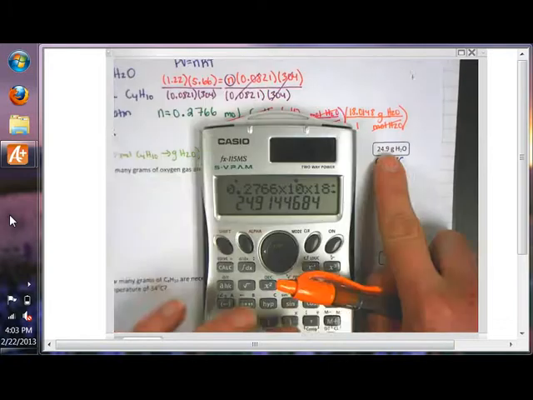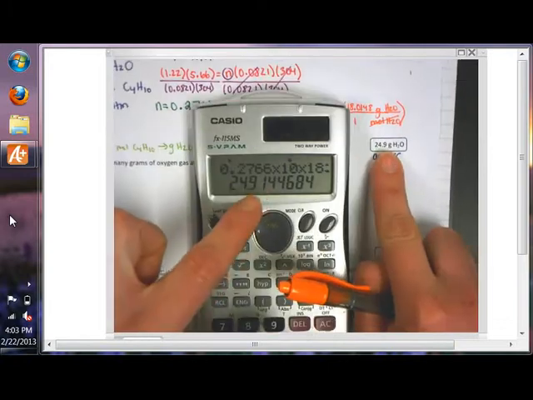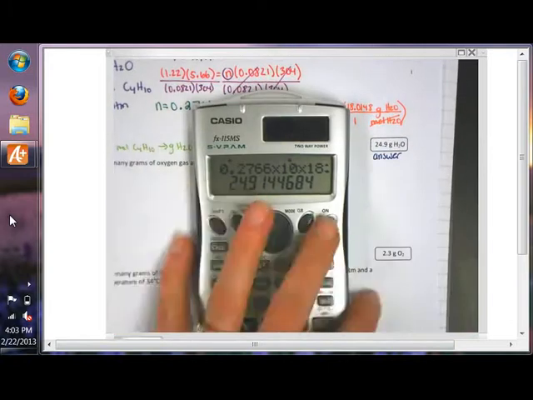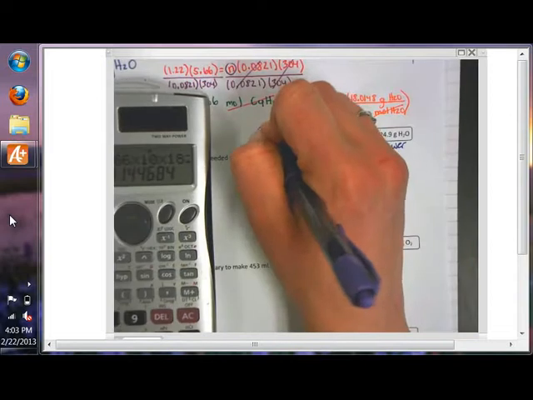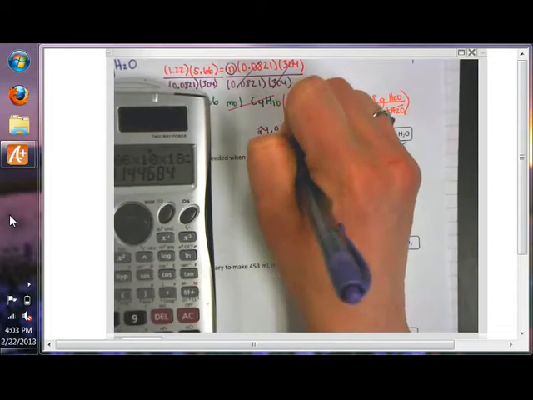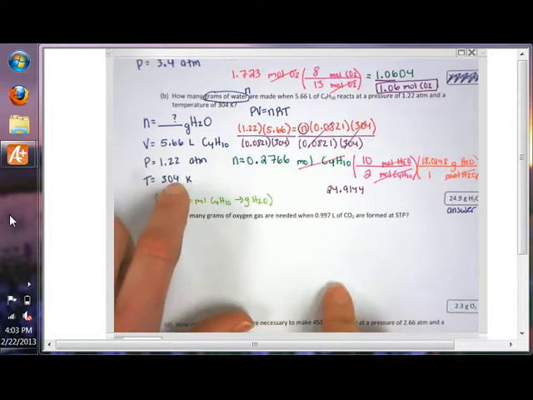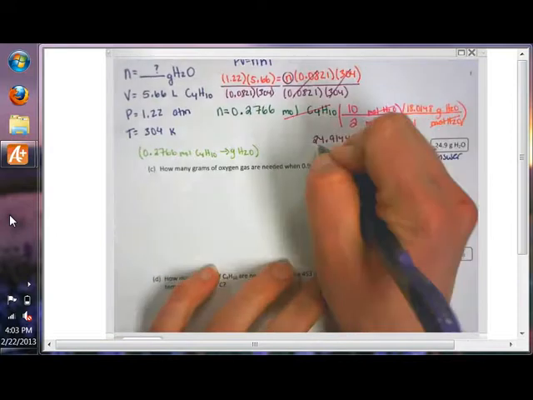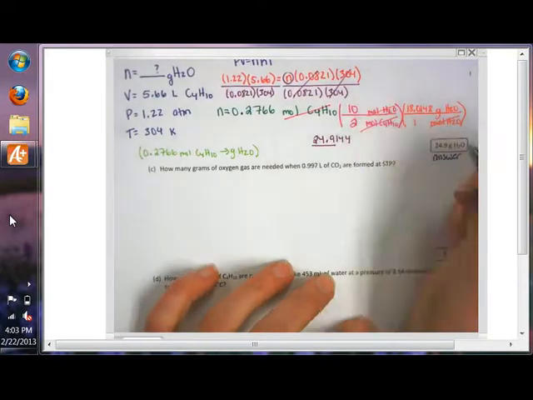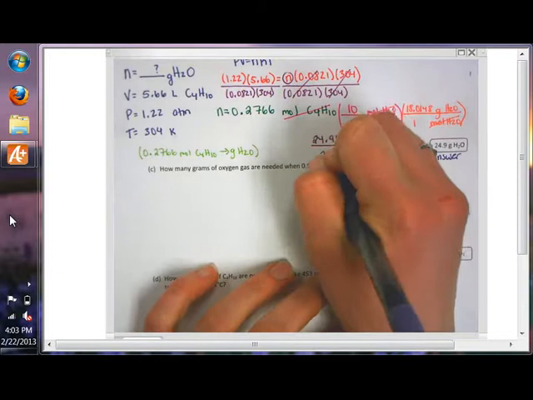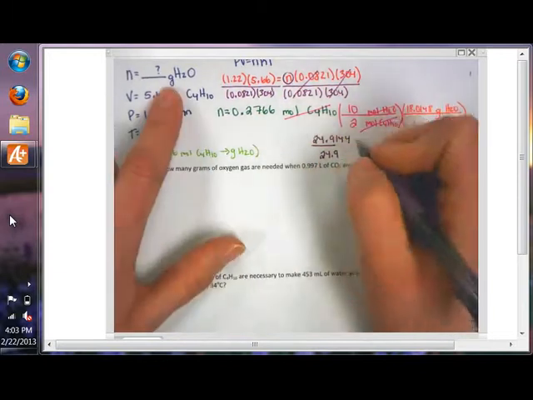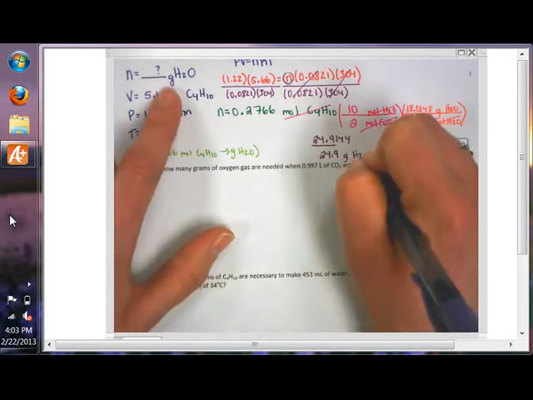Calculator spits out 24.9144. Let's look at sig figs. 3 sig figs, 3 sig figs, 3 sig figs. So the final answer is 24.9 grams of H2O.